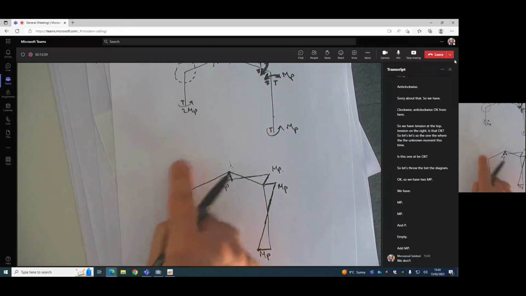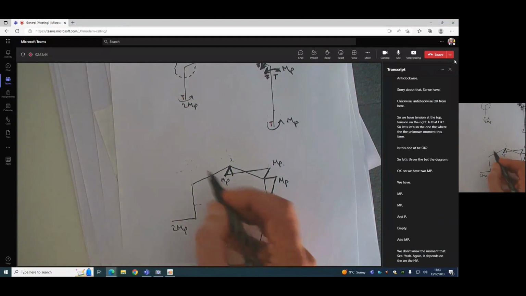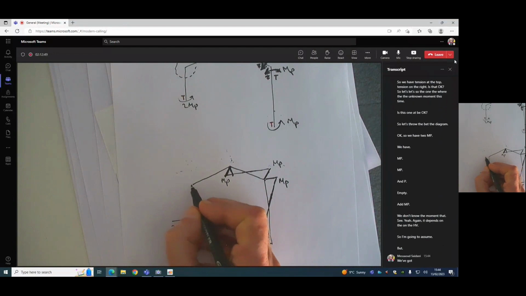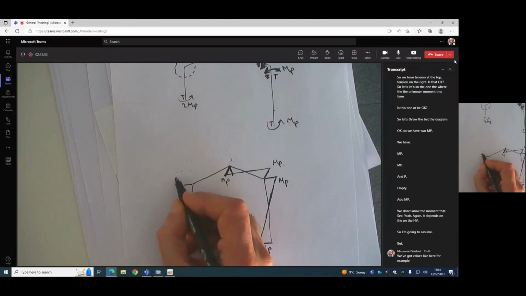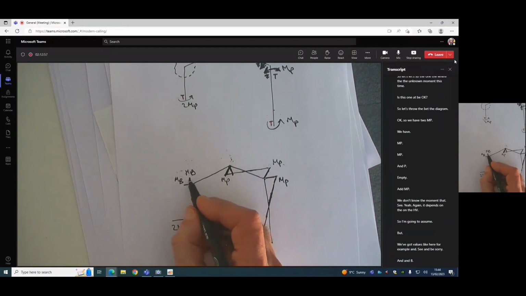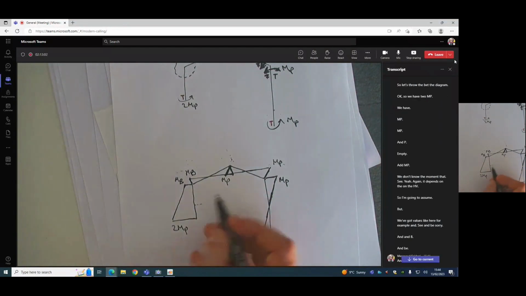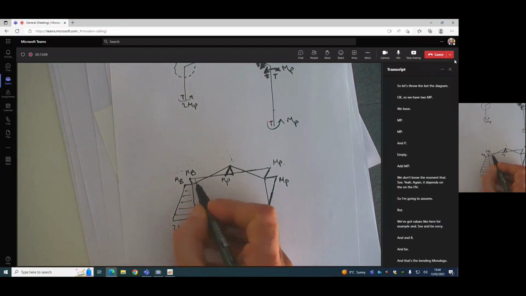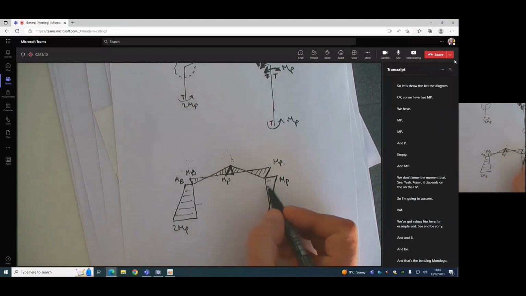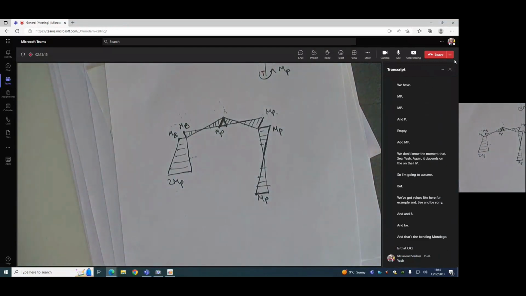We don't know the moment at C. Again, it depends on the H and V. So I'm going to assume that we've got values like here, for example, MB. And that's the bending moment diagram. Is that okay? Yeah, so that's the bending moment diagram.